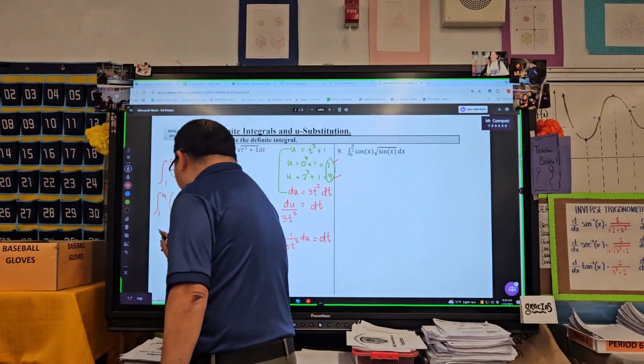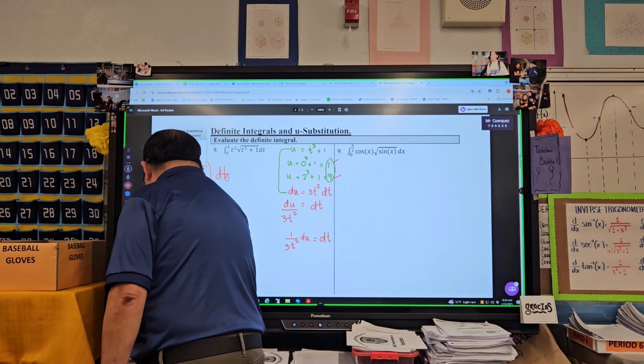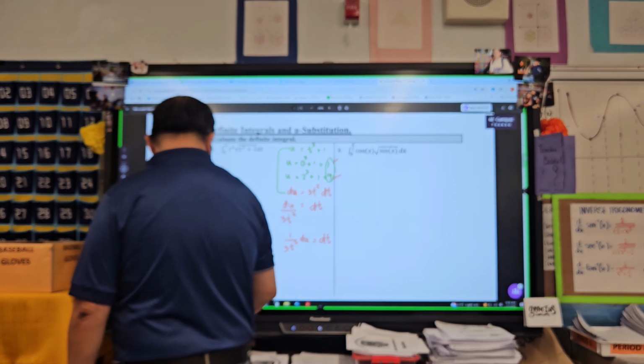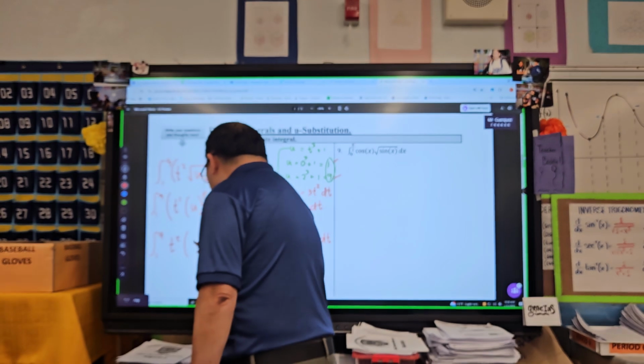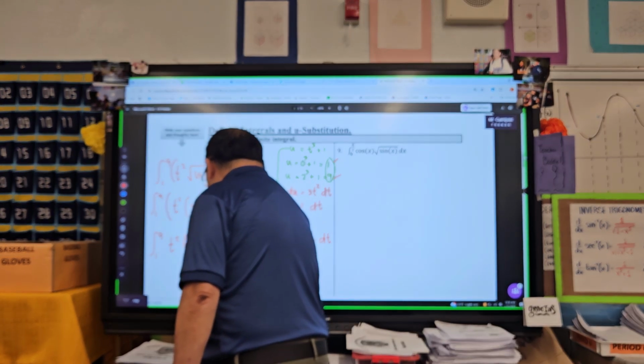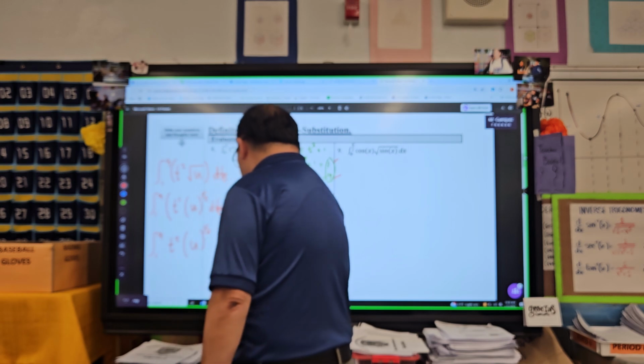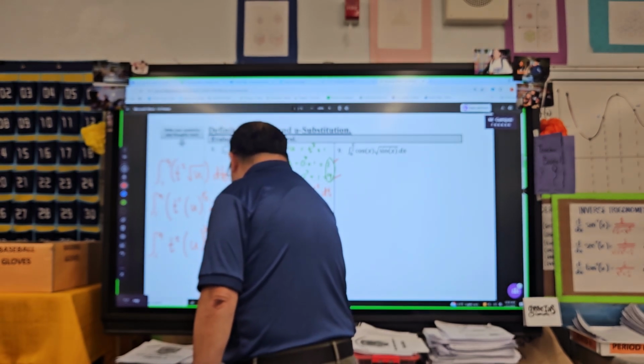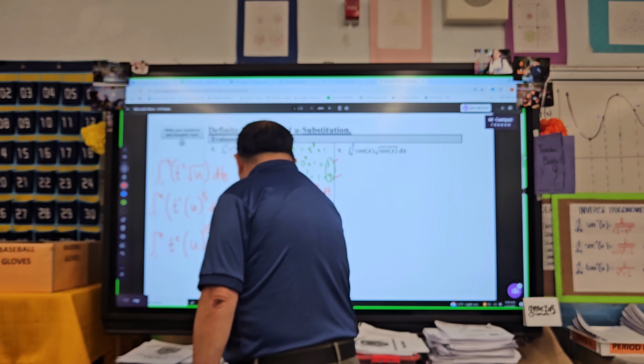So we say the integral from 1 to 9 of t squared times u to the 1/2 times 1 over 3t squared du.